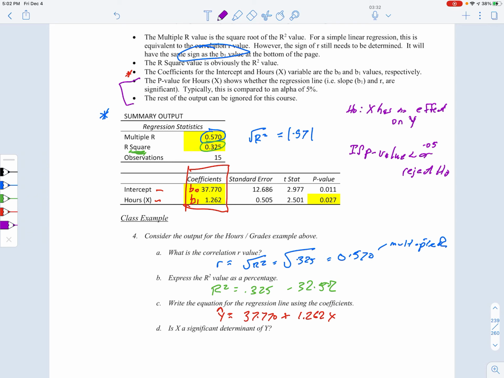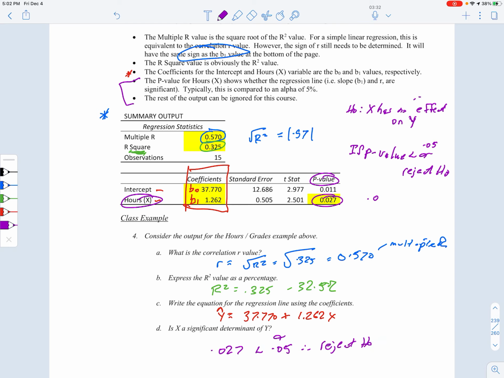So you take a look at the p-value for the x. Now there's a p-value for the intercept, but we are looking for the x. In this particular case we have 0.025, which is less than 0.05. Therefore, we're going to reject H0.